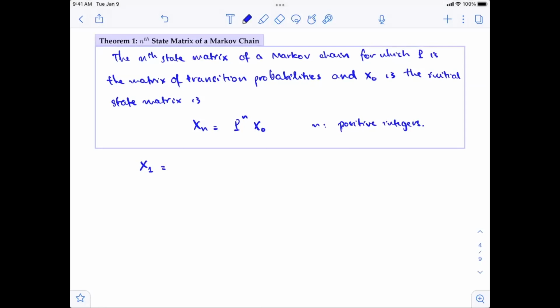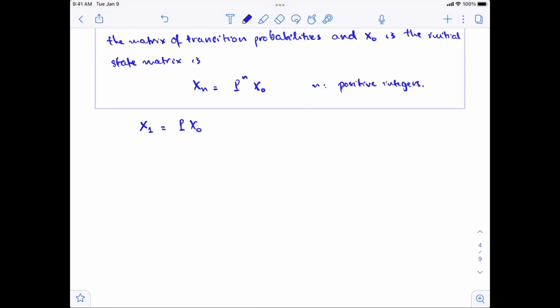x1, you need to use the matrix of transition probabilities multiplied with the initial state matrix. And then you get the value of x1. Then you use that to calculate x2. So it's the same thing. Take the matrix of transition probabilities multiplied with x1. But x1 is equal to P times x0.